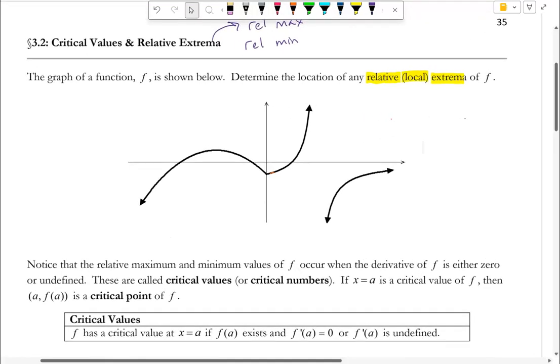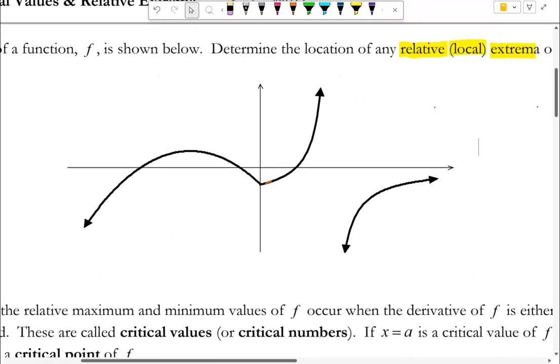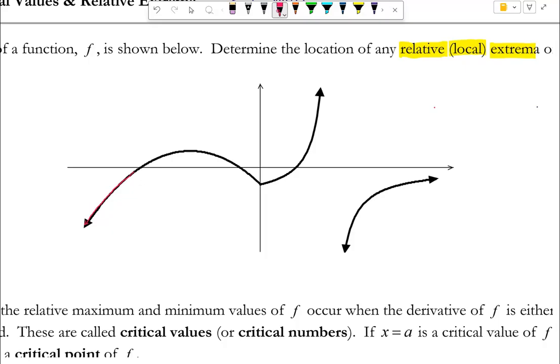So if we take a look at our graph, I'm going to zoom in. Tracing this function, if I start at the left, I get to this spot about here, where right around here, I'm going to have a local maximum value, because after that point, this function starts decreasing.